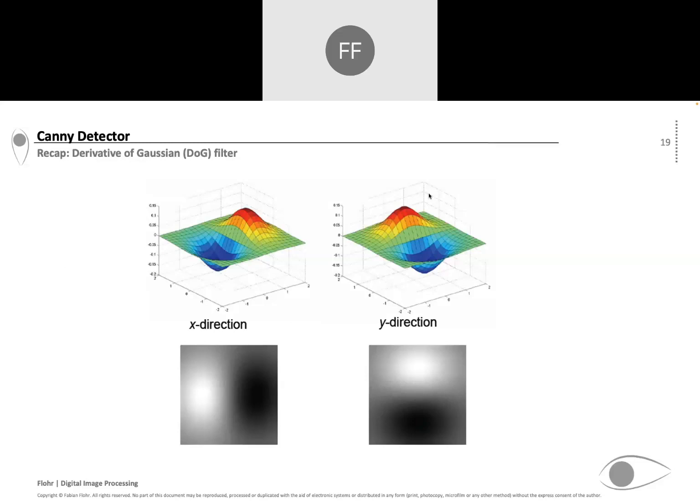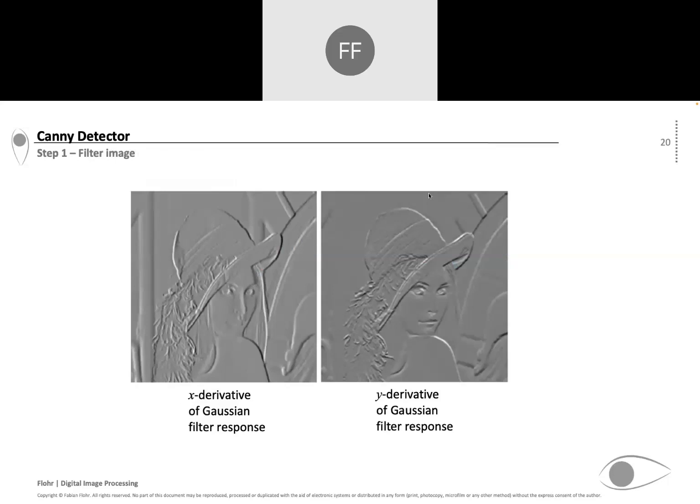Okay, so we have discussed that the derivative of the Gaussian filter is basically the Sobel filter that we apply here. That looks like that. We have it in the horizontal and in the vertical response.